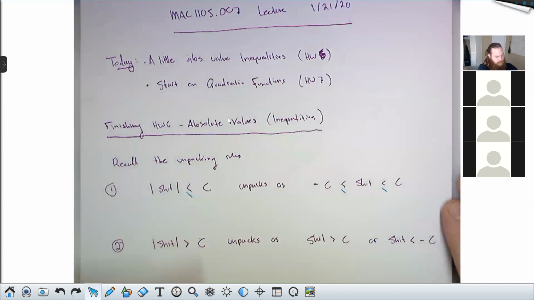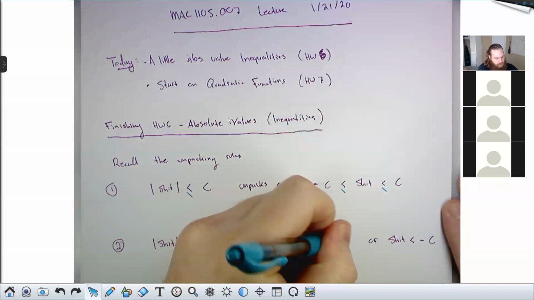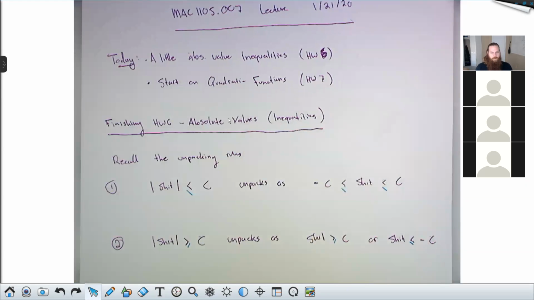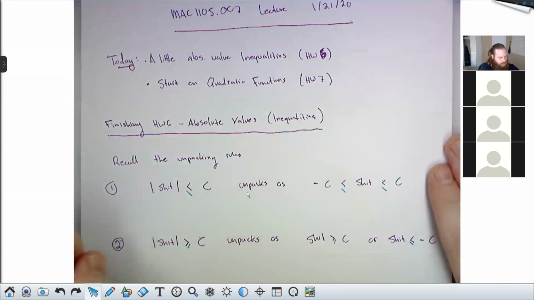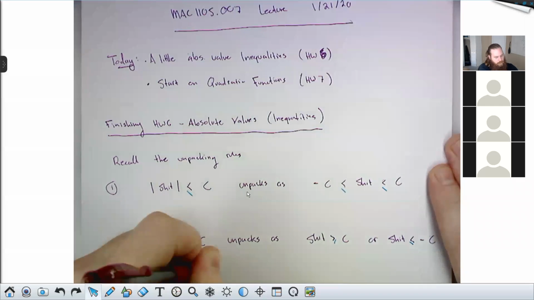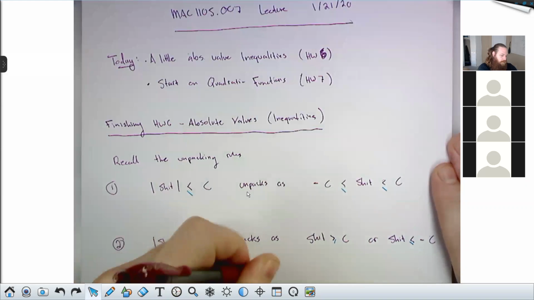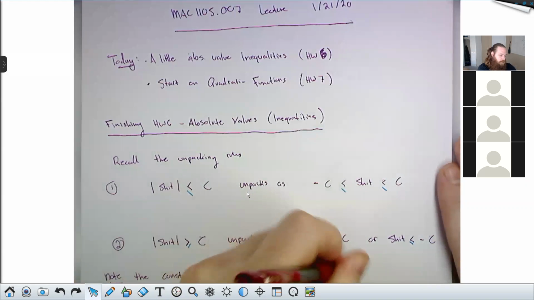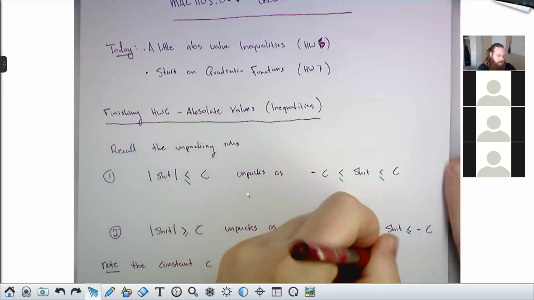And again, if this was a greater than or equal to, these would be the weak versions, less than or equal to and greater than or equal to. It's worth noting that for all of these, C needs to be positive to make sense.